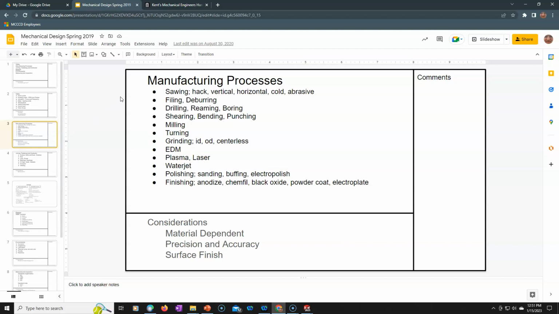All right, so our manufacturing processes: sawing, filing, drilling, shearing, milling, turning, grinding. EDM, electrical discharge machining, uses a wire and electrical charge to degrade material, holds very good tolerances. Finish, maybe not so much.